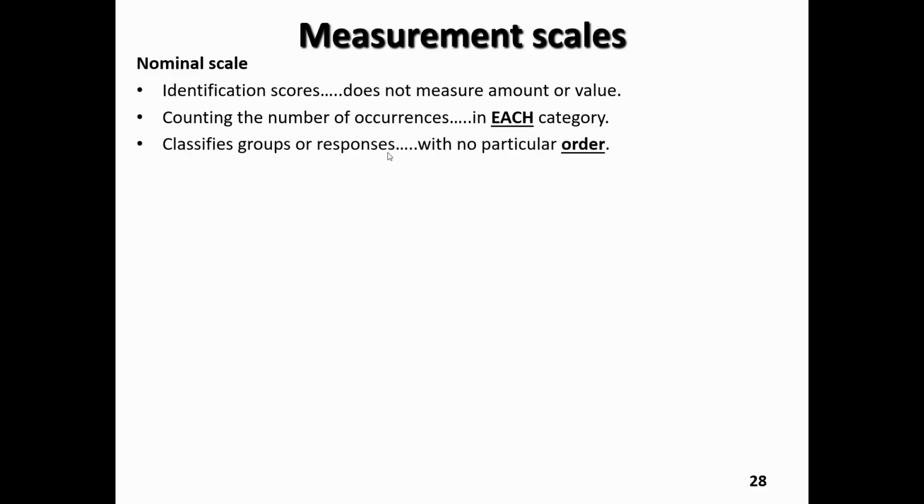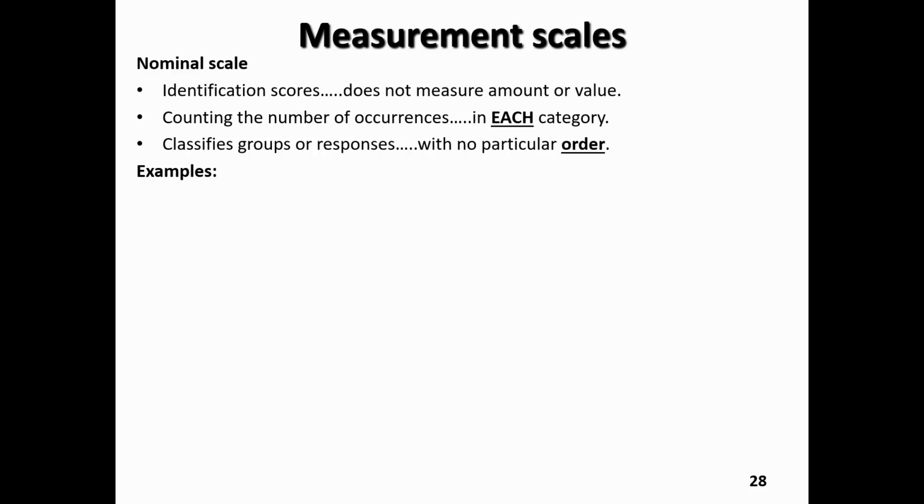The classification of our observations into different groups or categories or responses does not have any particular order to it. Once again, meaning that we're not quantifying any inherent value to our observations. Some examples here.